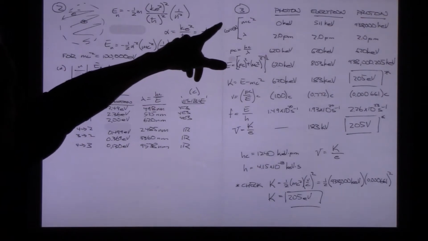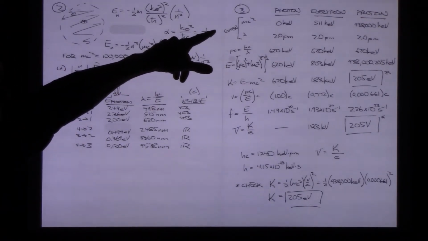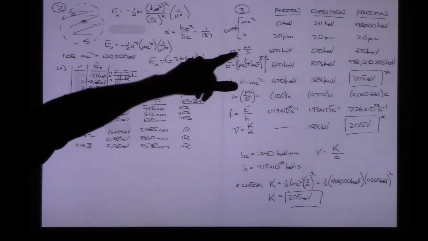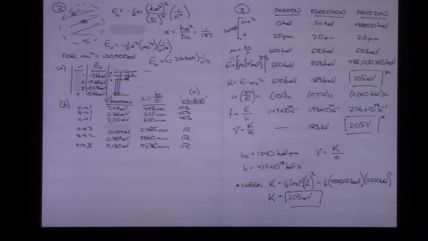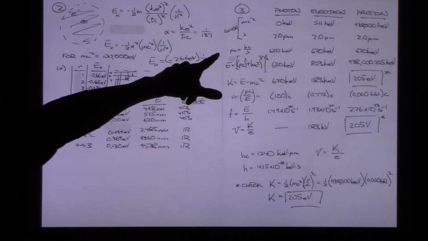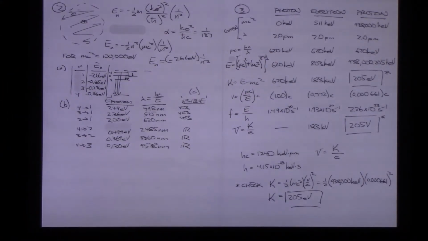Now, in this one, again, the masses are going to be given values, and I wrote those down for the photon, electron, and proton. This time it says the wavelengths are all the same. So that's given as a starting point. So I wrote down 2 picometers. Now very quickly, if I know the wavelength, I can calculate the momentum.